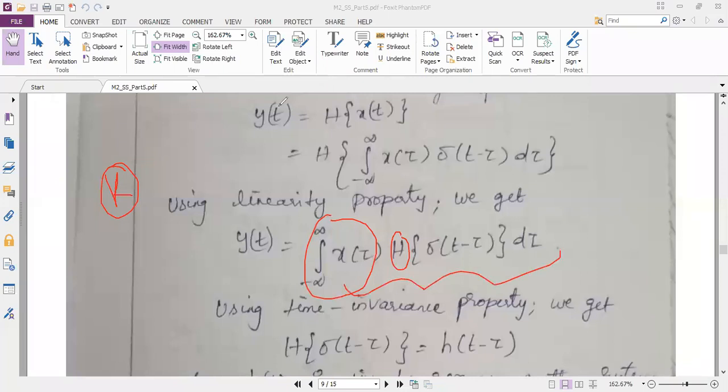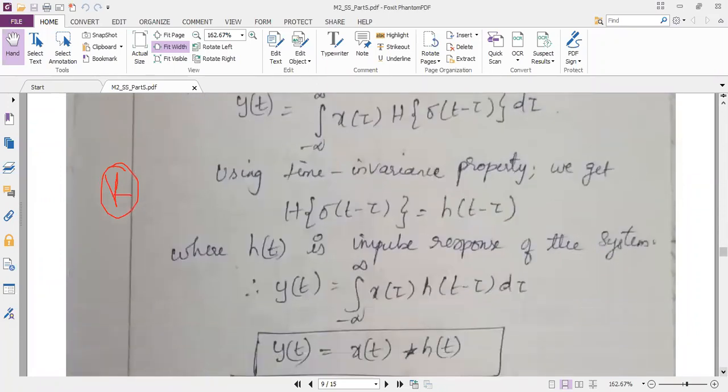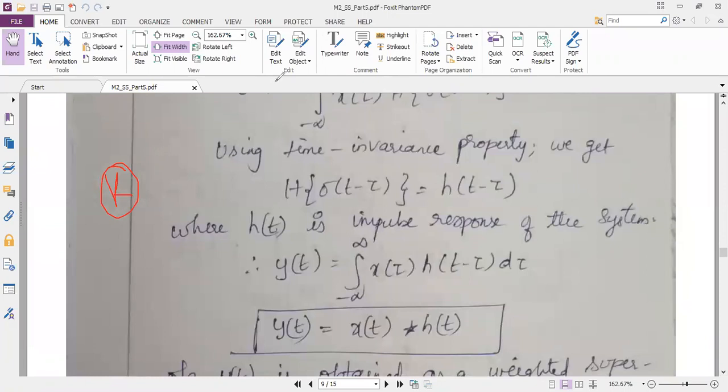Now I should know how to write h of delta of t minus tau. It can be written simply as h of t minus tau. So my equation y of t becomes the integral from minus infinity to plus infinity of x of tau h of t minus tau d tau.